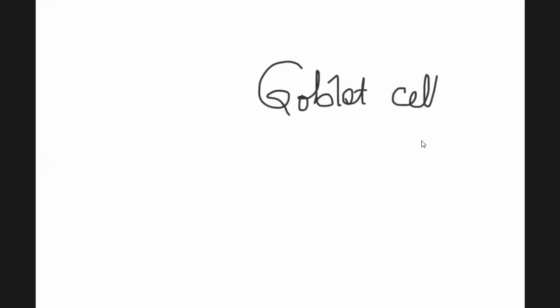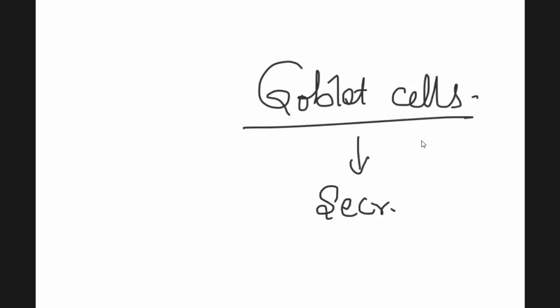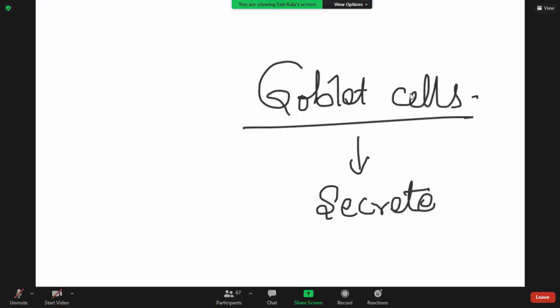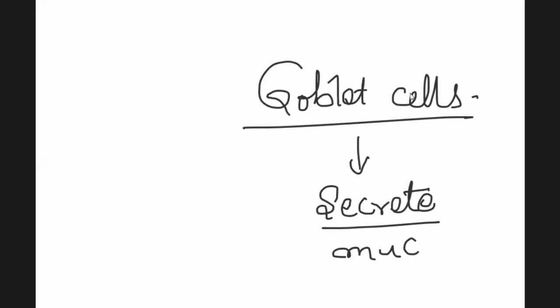Sometimes this columnar epithelium shows special cells that secrete mucus. Mucus is a sticky fluid which traps dust or microbes. What do they secrete? Mucus.